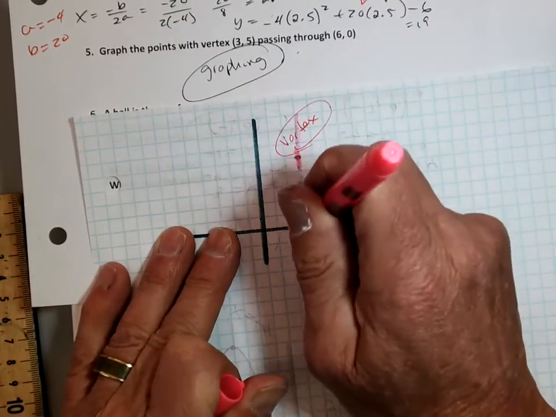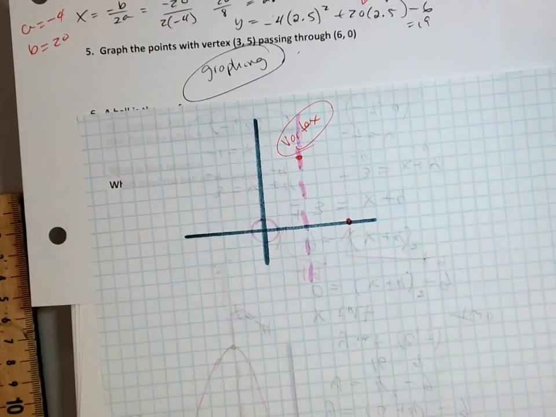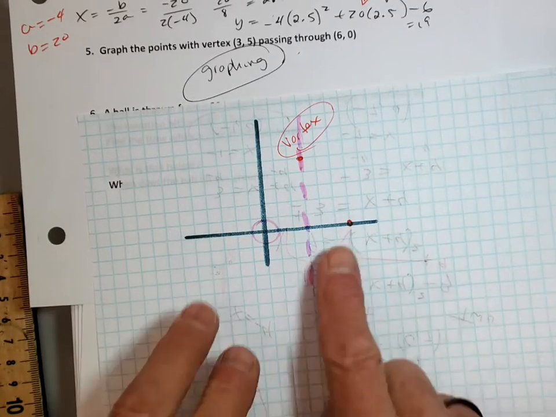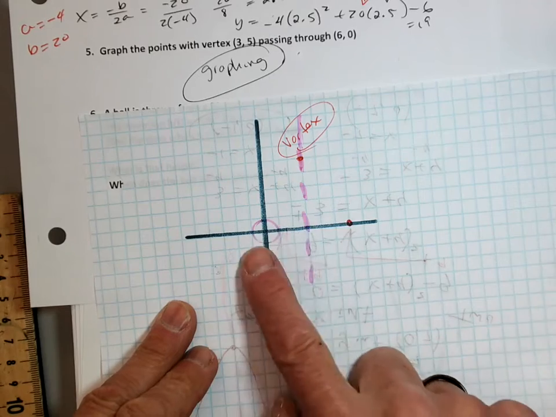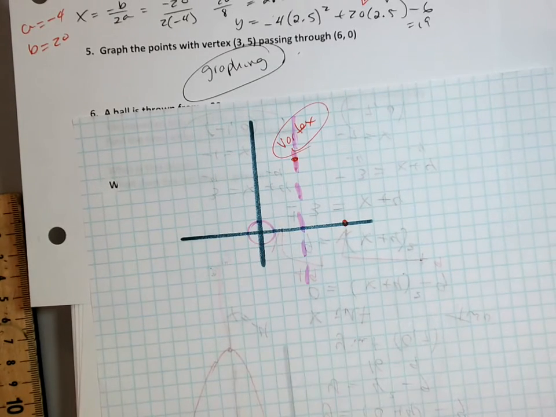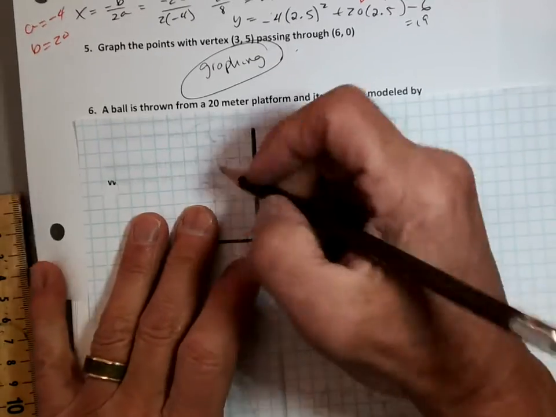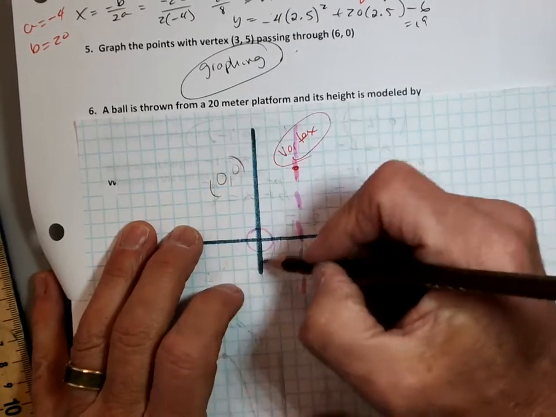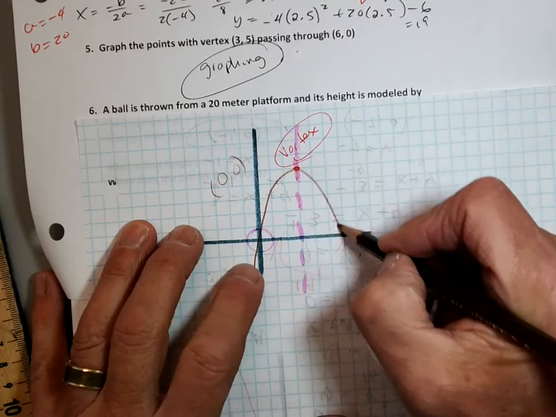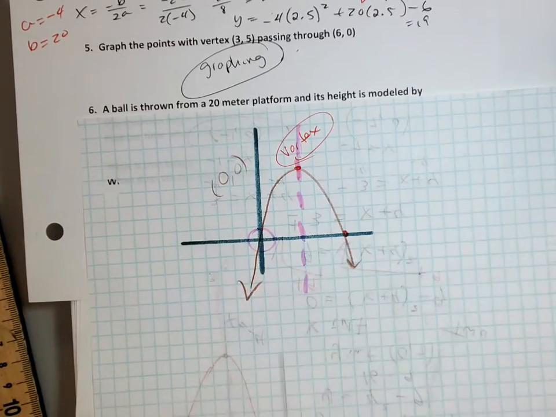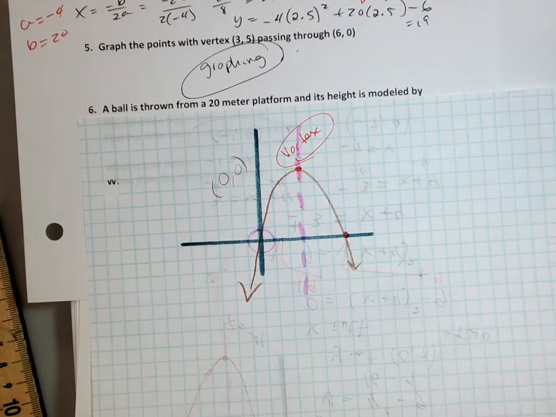There's my line of symmetry. It's got to be there because that's directly opposite. It's a reflection, so the other point's got to be at 0, 0. So I put 0, 0 in, and I can graph my parabola just like that. Does that make sense? If you draw a picture, it's pretty easy.